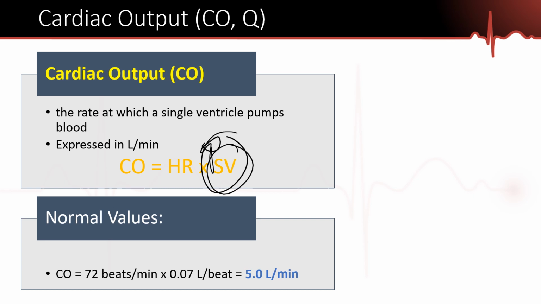The second explanation for why stroke volume increases during physical activity is because more blood is being circulated around the body per minute, and thus more blood is coming back to the heart per minute. If more blood is coming back to the heart per minute, then the chambers are filling with more blood. End diastolic volume is increasing.